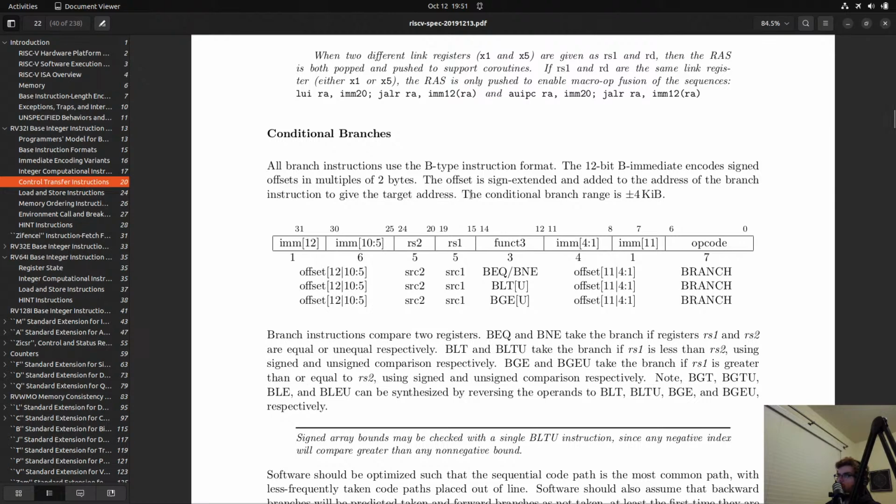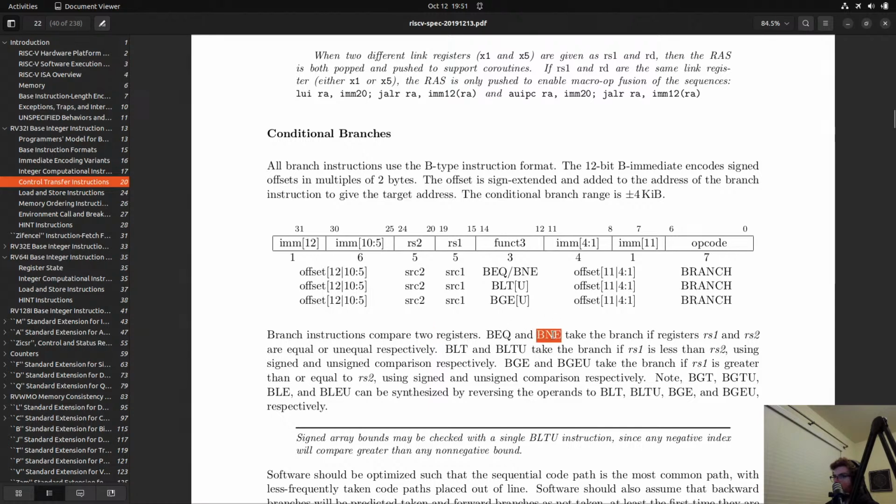All branch instructions use the B-type format. The 12-bit B immediate encodes signed offsets in multiples of 2 bytes. The offset is sign extended and added to the address of the branch instruction to give the target address. The conditional branch range is plus or minus 4 kilobytes. Branch instructions compare two registers.